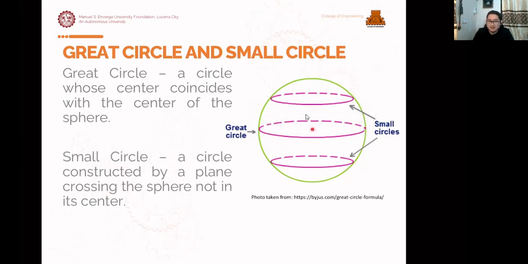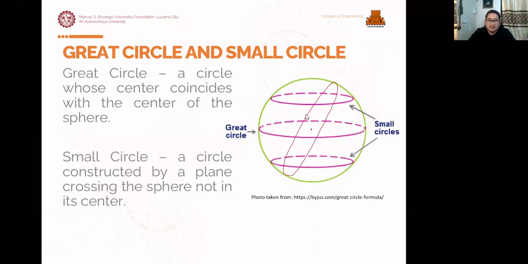So kung ito yung center ng sphere, ayan din yung center ng great circle. Okay? So sa great circle, pwede siyang iba't iba yung itsura niya, no? So pwede siyang maging pa-diagonal, no? Basta yung center niya again is andun lang sa center din ng sphere natin. Okay? So yan sa great circle.